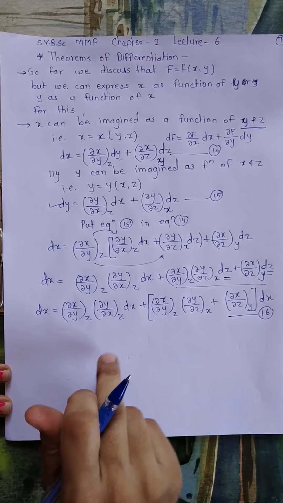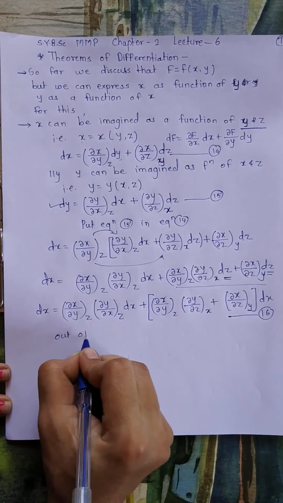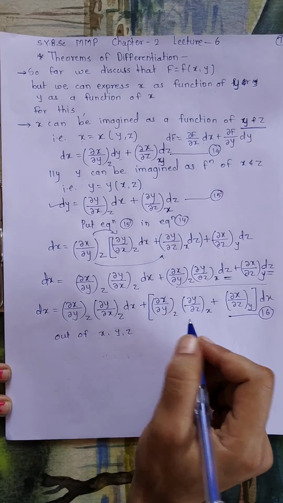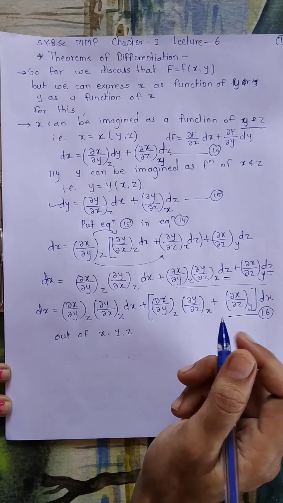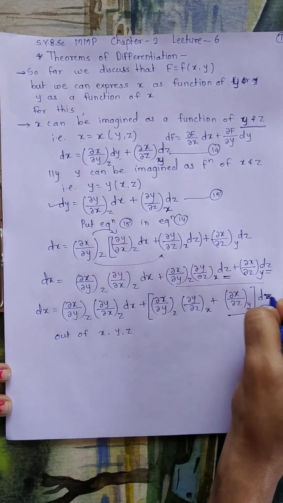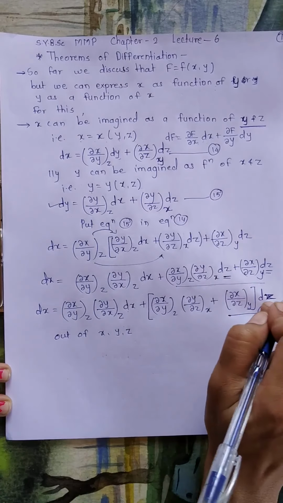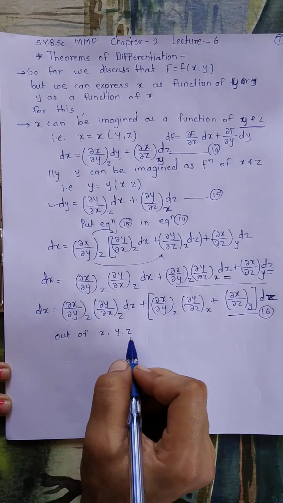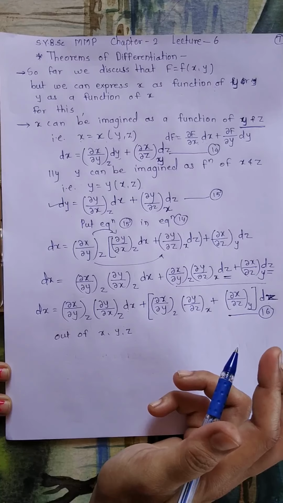Here, out of the three coordinates x, y, z, any two are independent coordinates. So let's choose x and z.